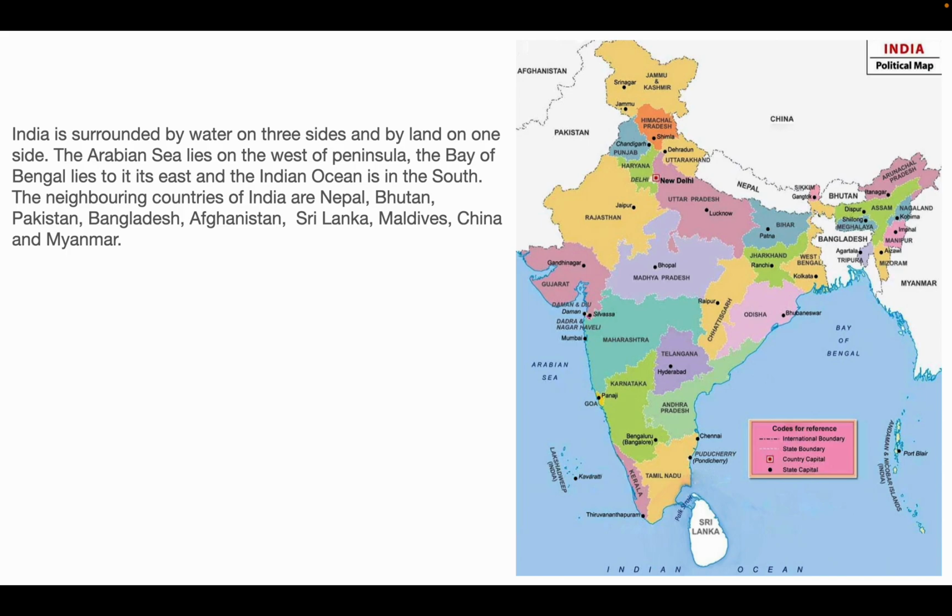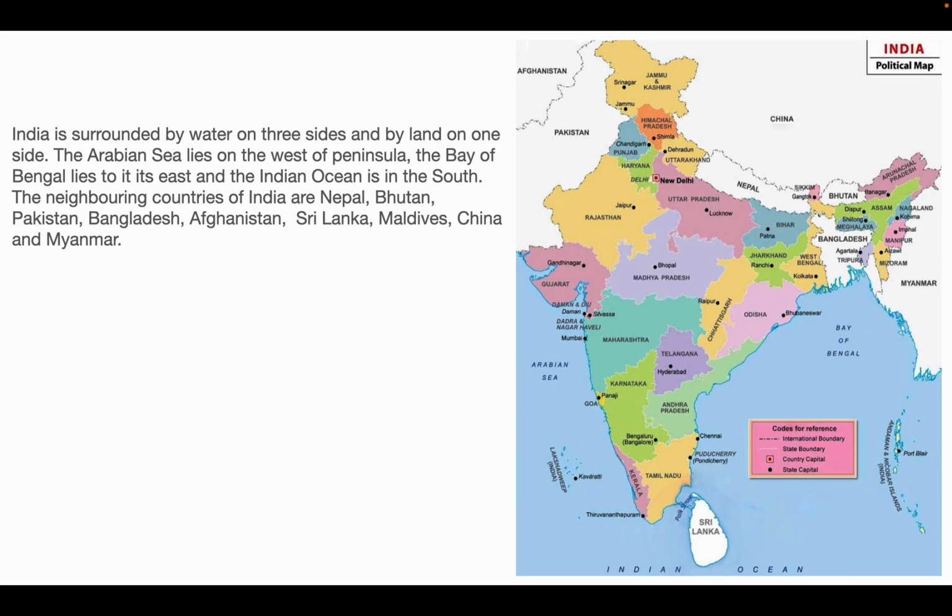So three sides it is surrounded by water, and on the other side it's surrounded by land. We have the Arabian Sea, which lies on the west of the peninsula. The Bay of Bengal lies to its east, and the Indian Ocean is at the southern part of the country.